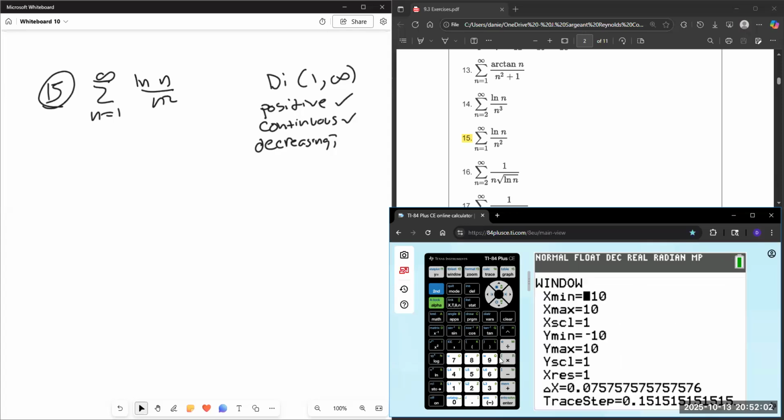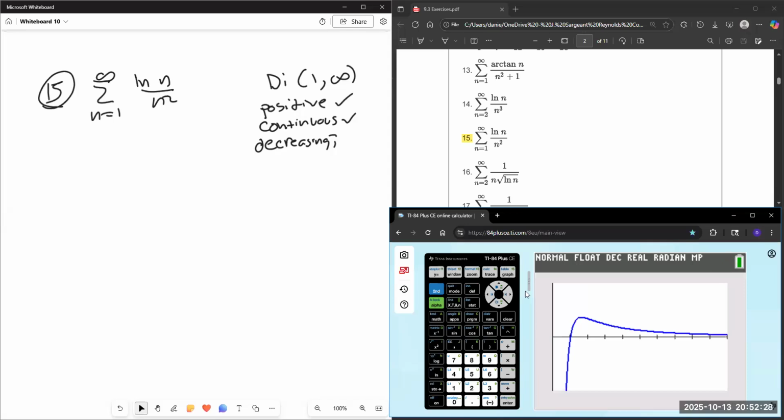I'm going to zoom in here really close, from 0 to 10 on x, and then I want negative 1/2 to 1/2 right now on y. And you can see that a lot better there, that it goes up to a maximum and comes back down.